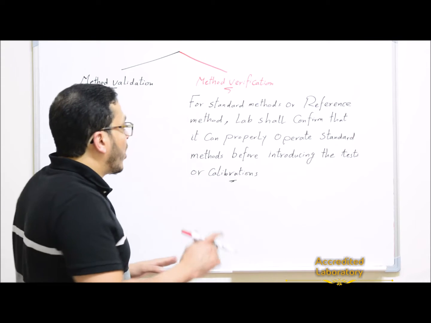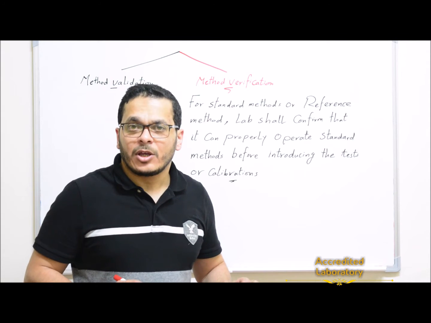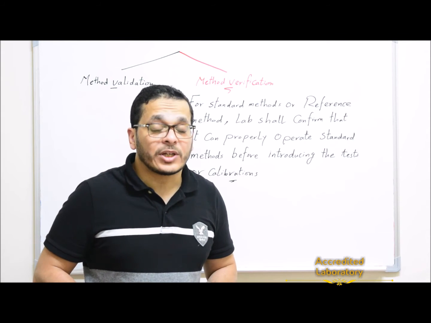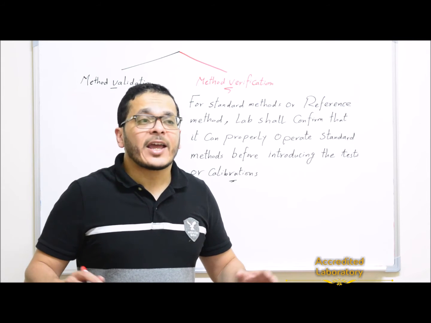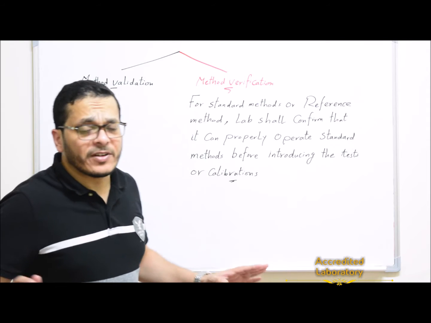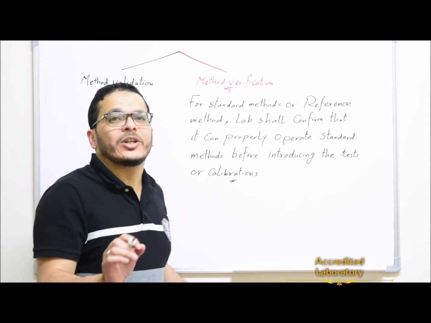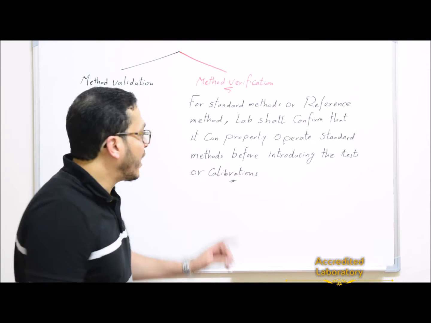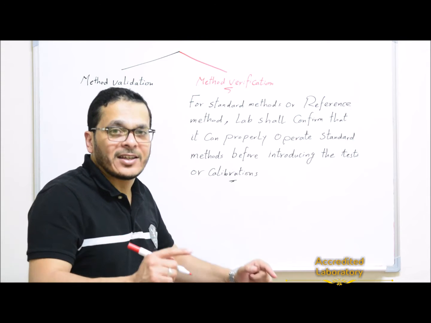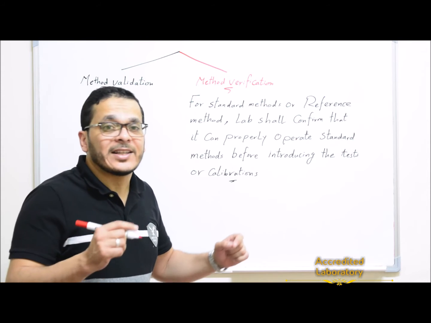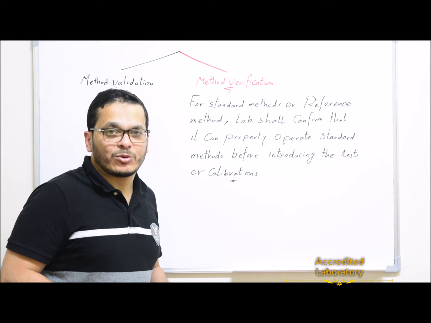So if you have a reference method, like from ISO methods or ASTM or a standard method for water and wastewater, or EPA guidelines, or AOAC, already a reference method, and this method is already validated, you shall only confirm that you can operate this method using your instrument, and you can get reliable results, the same performance parameters as in the validated method.